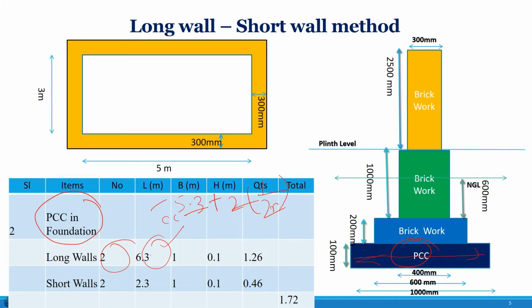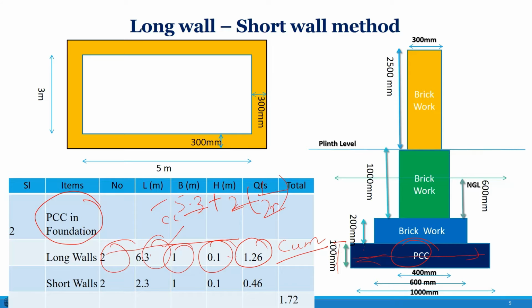Width of the component is 1 meter, and the height of the component is 0.1, that is the thickness of this PCC, 100 mm. Multiplied by all four, it is coming to 1.26 cubic meter.